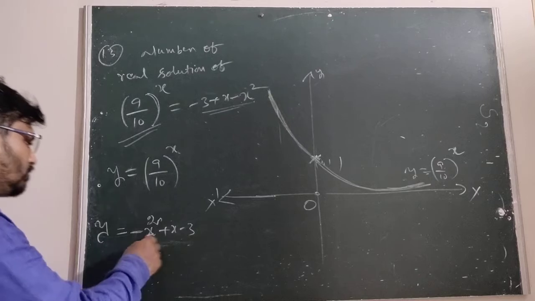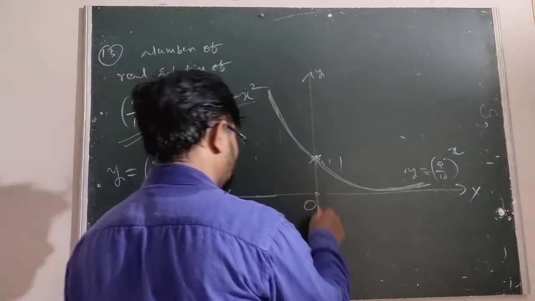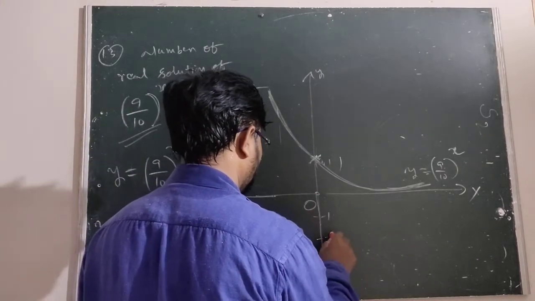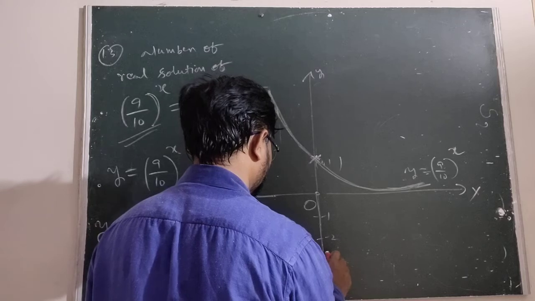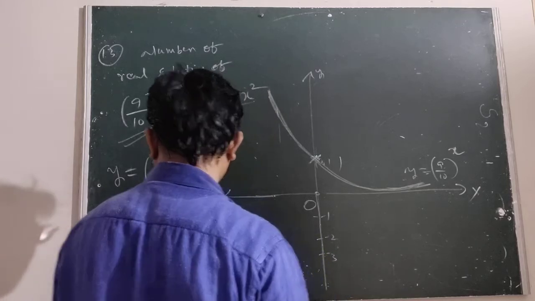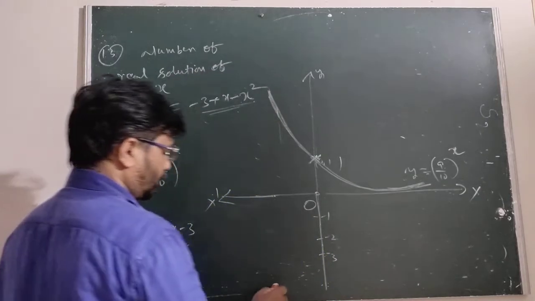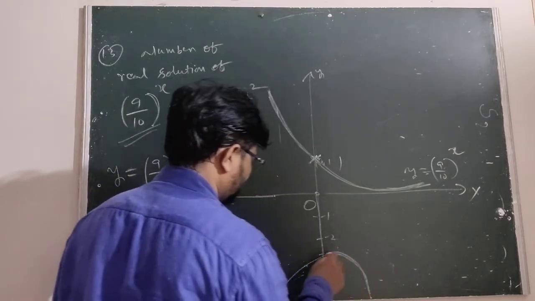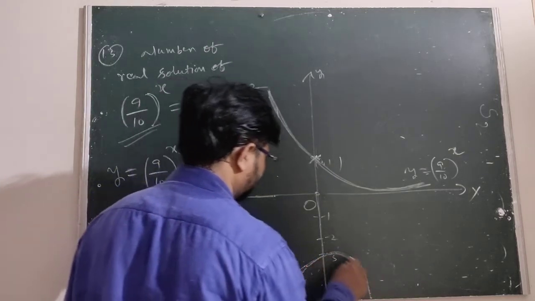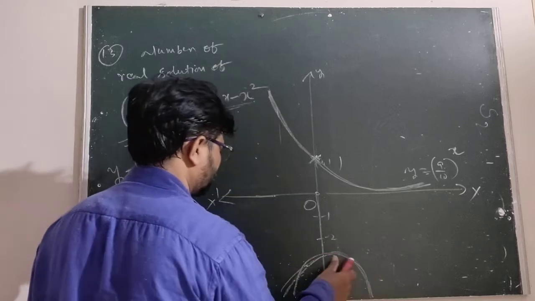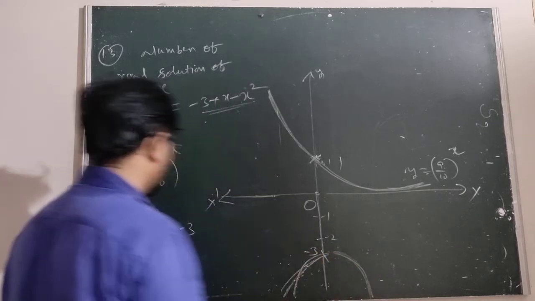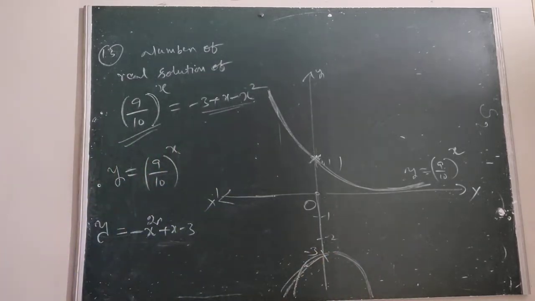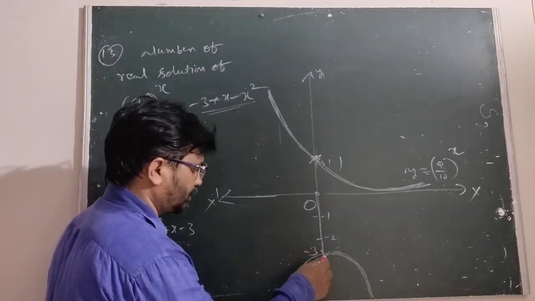If you take x = 0, this is -1, -2, -3. Therefore, if you take x = 0, the shape of the parabola is this one. This is the shape of the parabola. It meets the y-axis at -3.